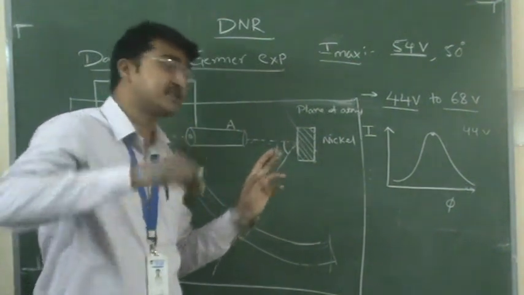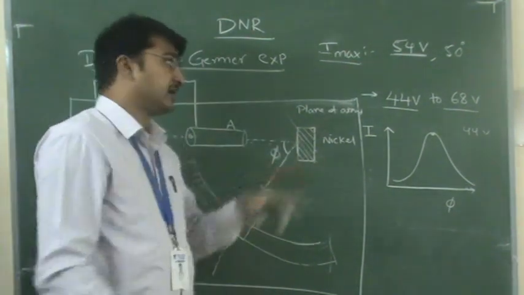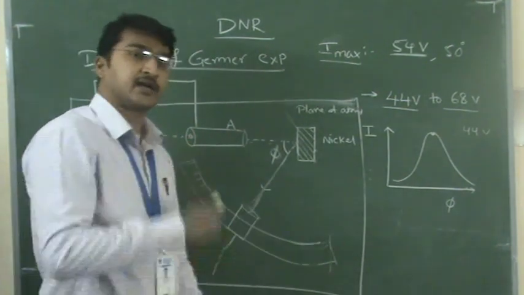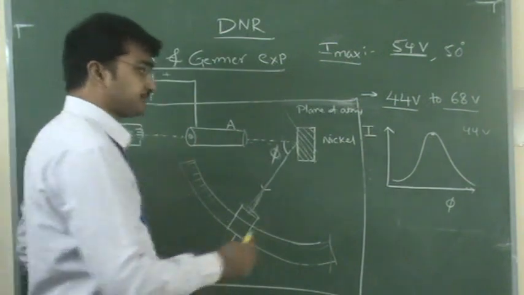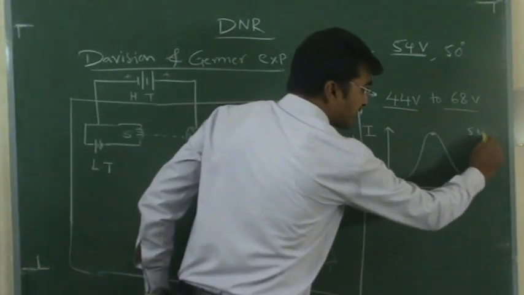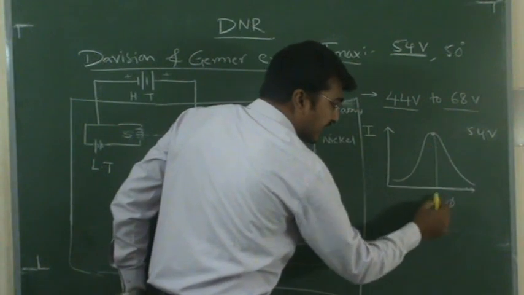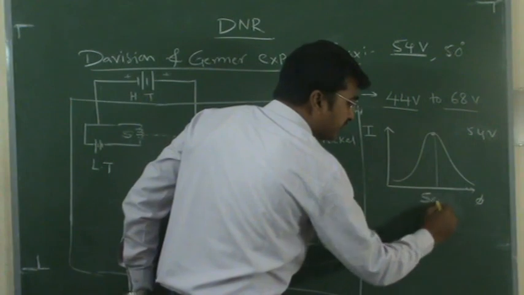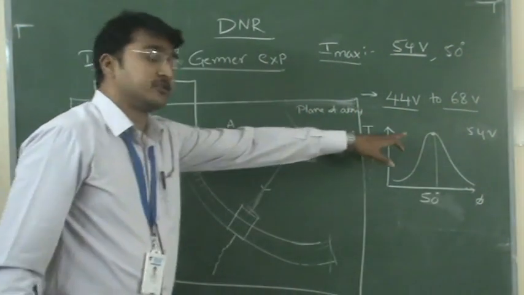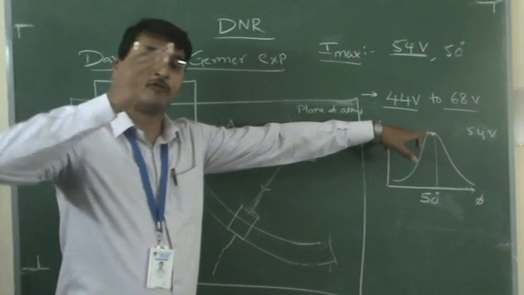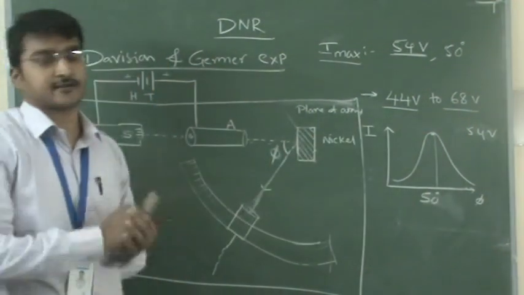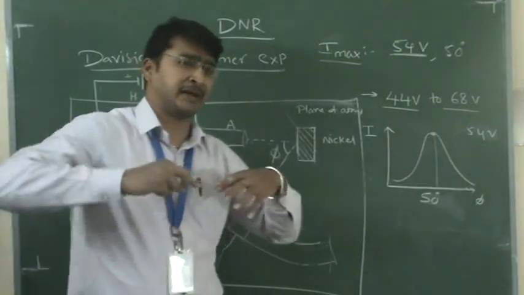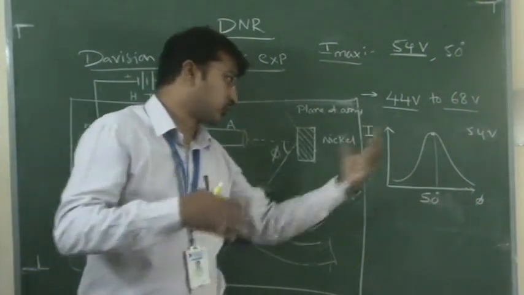But at 54 volts, at an angle of 50 degrees, they observed the peak value of intensity of scattered electrons. So at operating voltage 54 volts, the maximum intensity occurs here.